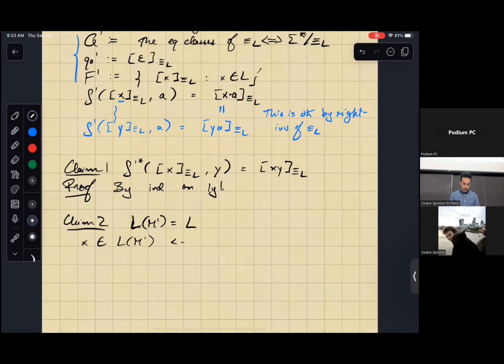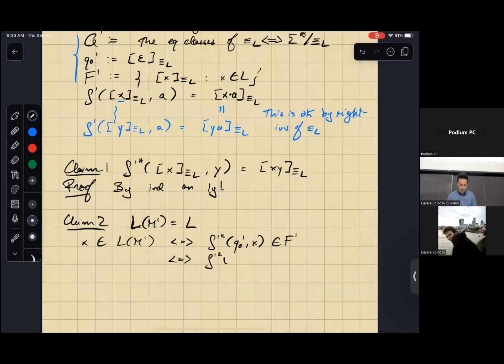Then by definition, this means that if the machine starts at Q0 prime, its start state, and it reads x, then using its extended transition function, so notice the delta prime here, it will end up in an accept state F prime. Well, now let's just rewrite this as the explicit 5-tuple, right? So let's just replace what each of these things should be.